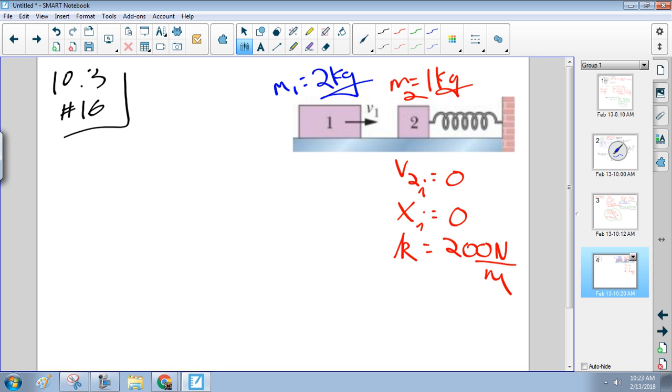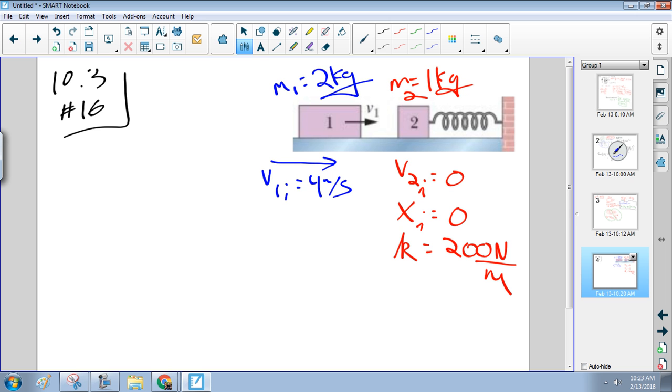Thanks, stupid problem writers. All right, so it's traveling at a speed of 4 meters a second. So the velocity of block 1 initially is 4 meters a second. It collides with block 2. The two blocks stick together. When the blocks momentarily stop, by what distance is the spring compressed?